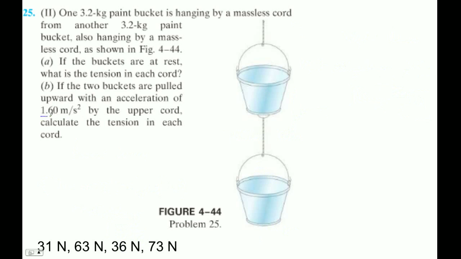The fact that you're accelerating upward, you could either be accelerating upward or you could be in a place where gravity is 9.81 plus 1.6. This works for all vertical acceleration problems. So our new g is 9.81 plus 1.6, okay, 11.41.